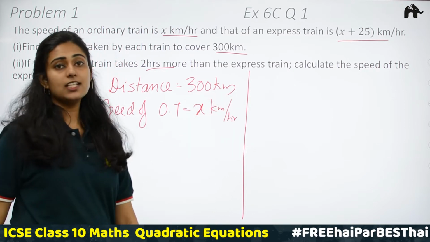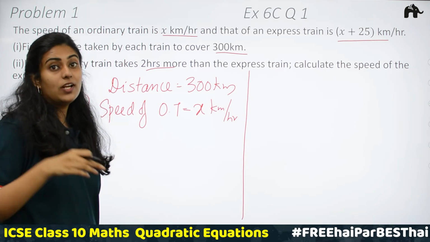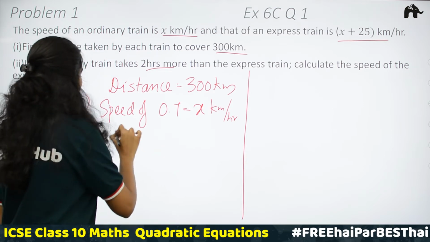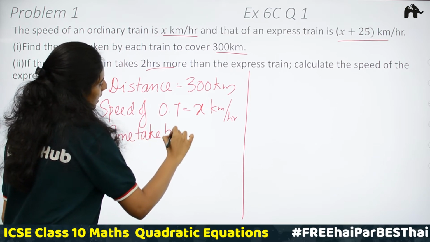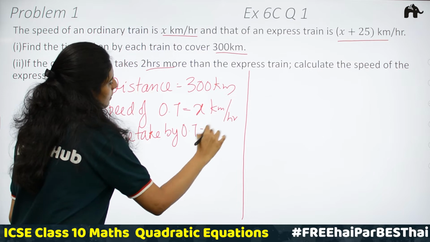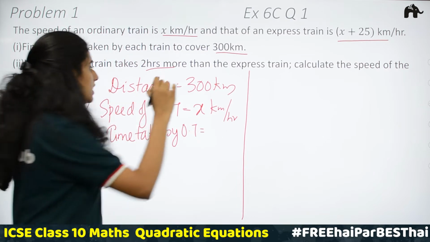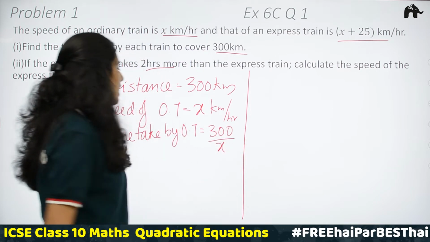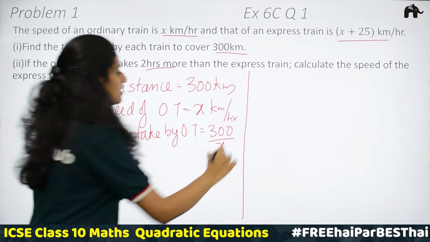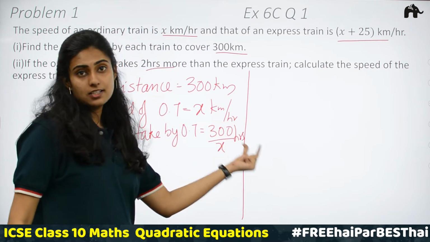We have a relation connecting distance, speed and time. What was it? Distance is equal to speed into time. Then what is the time taken? Time taken by ordinary train will be equal to distance divided by speed. Here the distance is 300 and the speed is x. 300 divided by x hours. Okay. Never forget to put the unit.